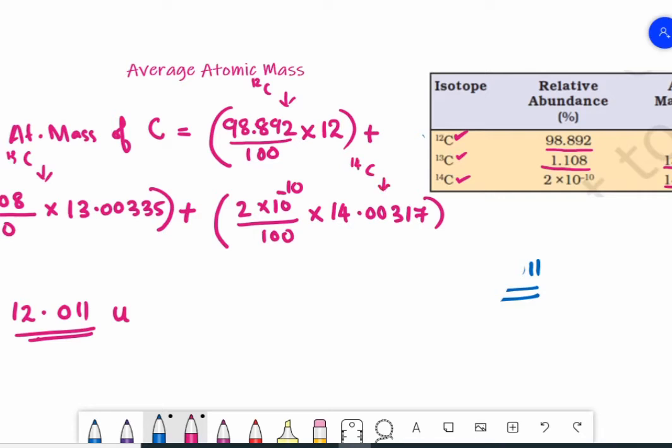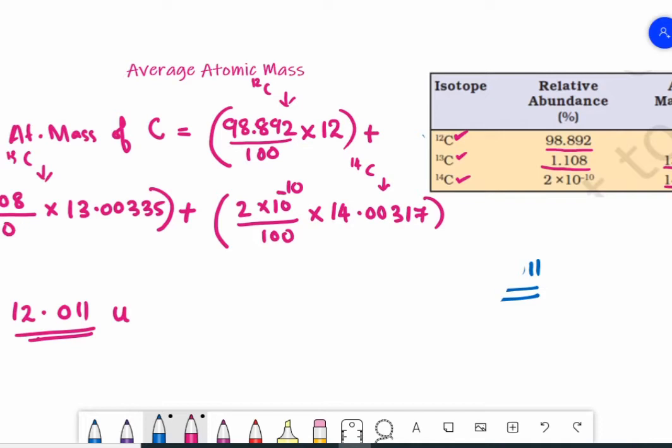Take its relative abundance by 100 into atomic mass unit. When you solve this problem, you will get 12.011 unified mass, U, as the average atomic mass. So this mass we are considering as the average atomic mass of carbon. You can calculate any element's average atomic mass by taking its relative abundance and AMU.